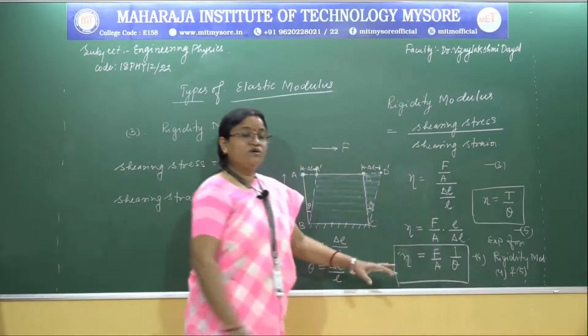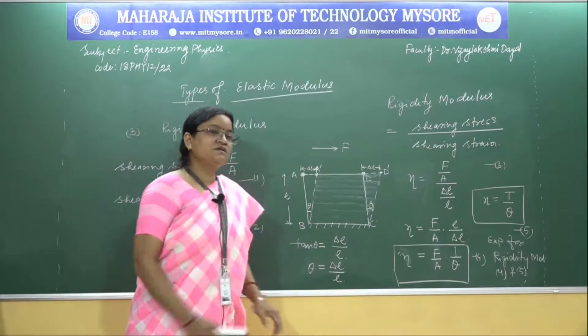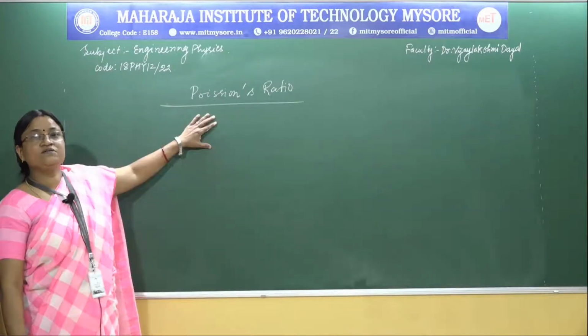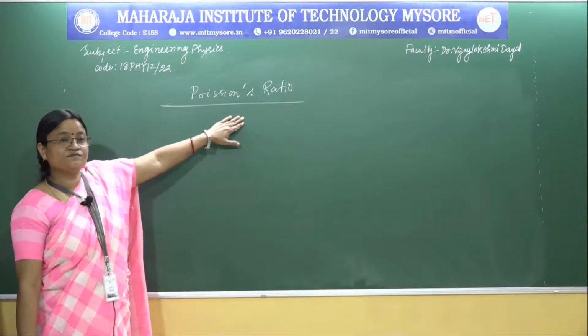While solving the problem also, we can use the equation as per the parameter given. The next important parameter we are going to learn is Poisson's ratio.